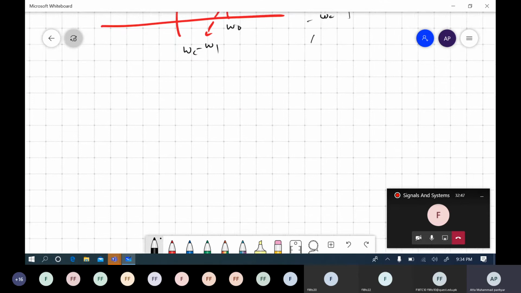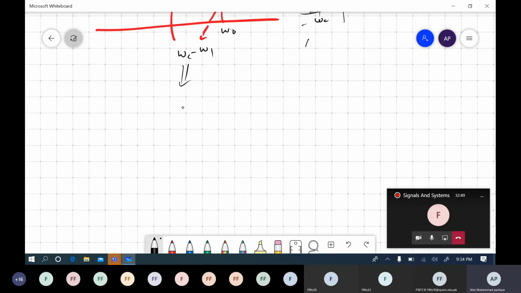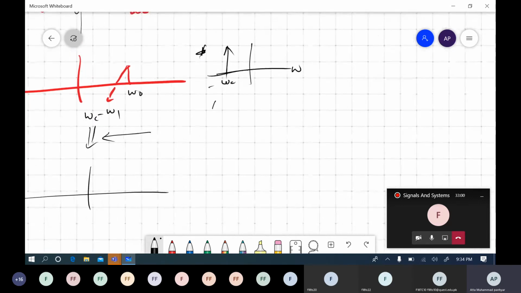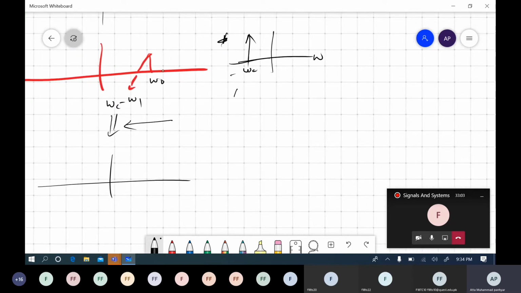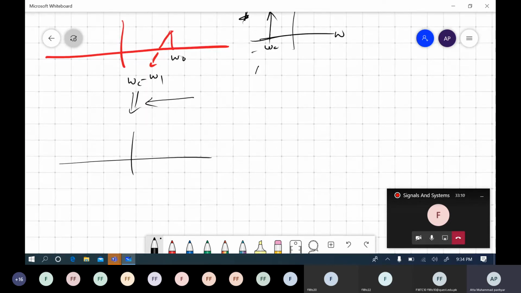Now the resultant output must be shifted how many units? Omega c units, right? So this signal must be shifted in this direction. If you multiply this signal with omega plus omega c, then it must be shifted omega c units. The origin was earlier at omega naught, so the resultant signal now must be at minus omega c.